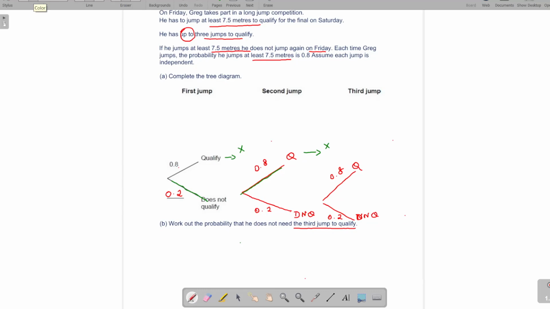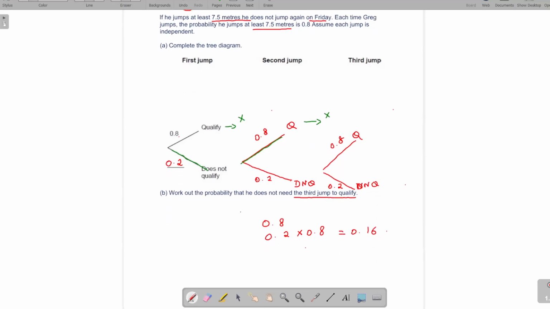So that is 0.8. Then the other one is 0.2 times 0.8. So that is 0.16. So what do we have to do now? We have to add these two together. 0.8 plus 0.16 is 0.96.